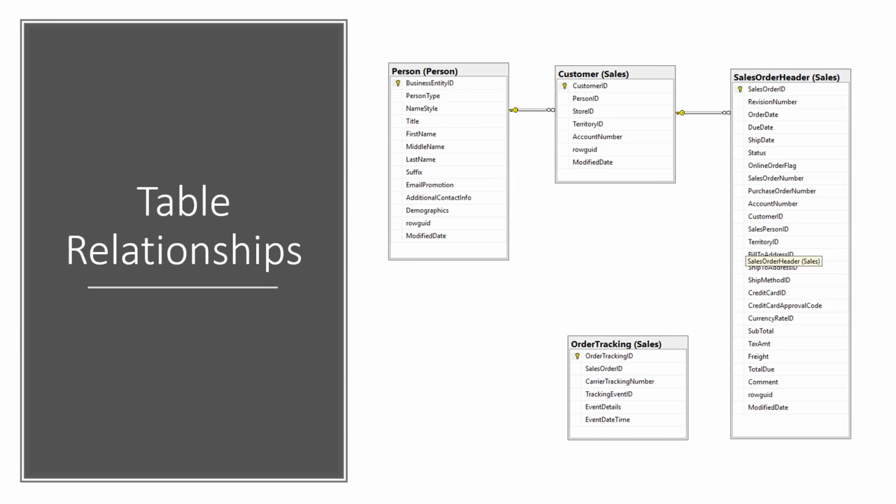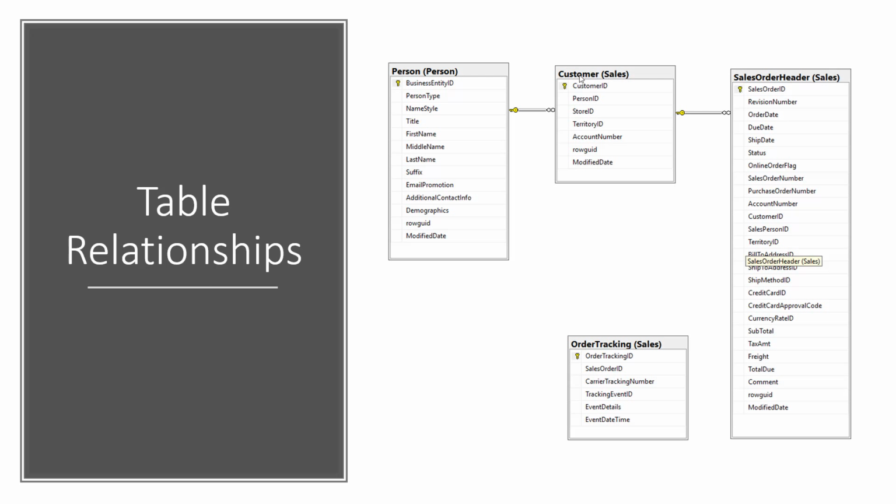We're going to use two main queries within our stored procedure. In order to do this, there will be a couple of table relationships that we'll need to put together to create the query. The first is being able to take the person's name and relate that to the actual sales that the person purchased. To do that, we will relate the person table through the business entity ID to the customer ID of the customer table.